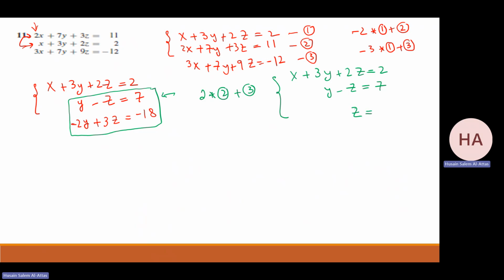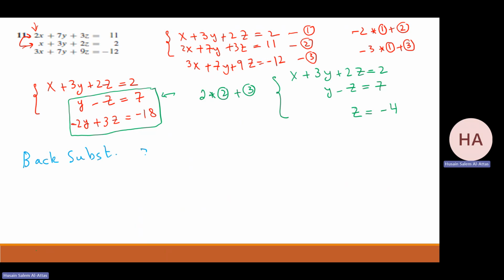Then multiply by 2: 14 minus 18, that will be minus 4. What I will do now, I will do back substitution to find the other variables.